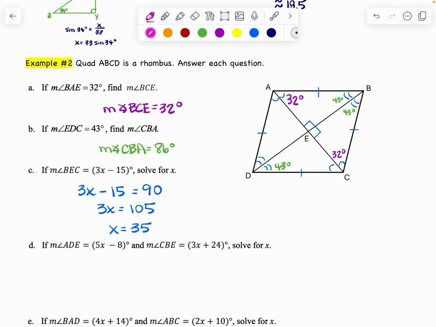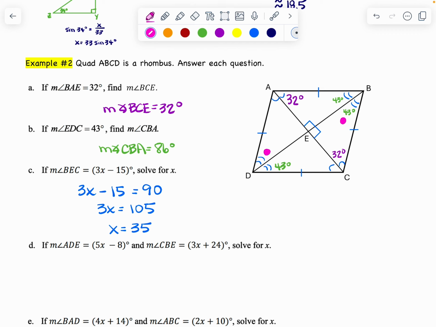All right, and then last but not least, it says if ADE, okay, so let's look at that. So ADE is this guy, I'm just gonna put a dot there, is 5x minus 8, and CBE, so that's this right here, is 3x plus 24, solve for x. Well, again, these are totally independent questions, right? We're not going to use that 43 degrees again. These are totally brand new rhombuses each time.